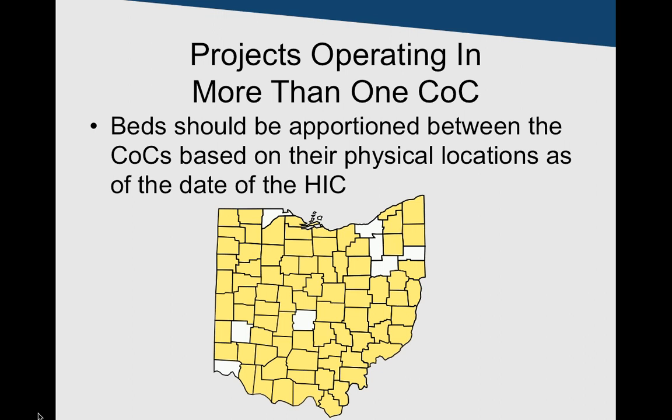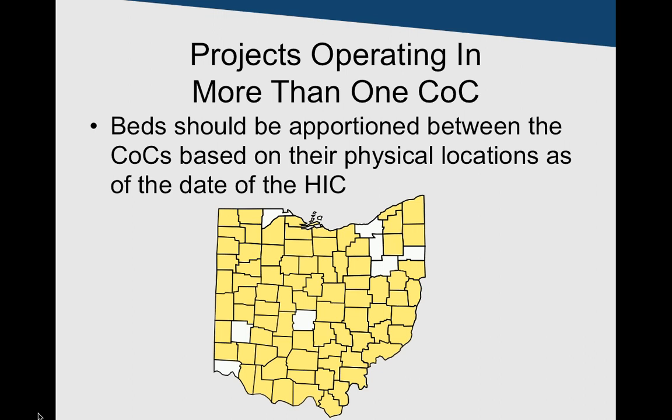Now, for those of you that have projects that are operating in more than one CoC, and this is besides just the VASH program we were talking about, we want to make sure that you're apportioning the beds between the CoCs based on the physical locations as of the date of the HIC.